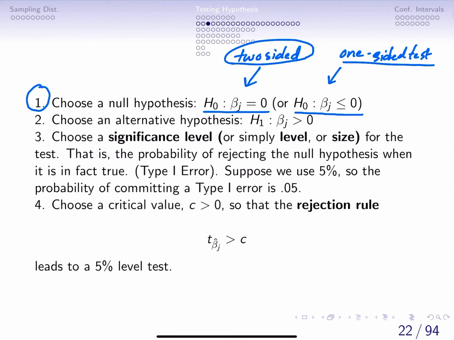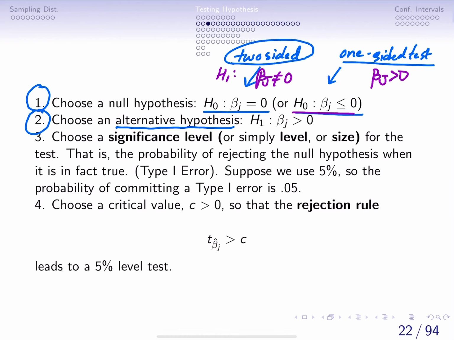Whatever the null hypothesis, once you have set it up, the next step is to choose the alternative hypothesis. In a two-sided case, the alternative would be that beta j is not equal to 0. But under a one-sided alternative, that would be beta j is greater than 0.